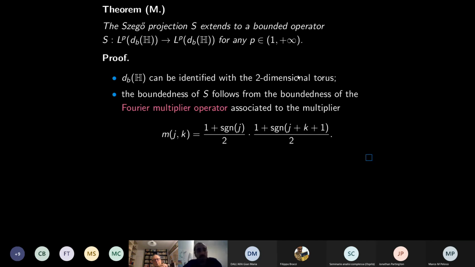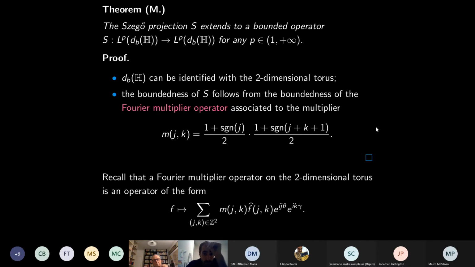So the boundedness of the Szegő projection simply follows from the boundedness of the Fourier multiplier operator associated to this multiplier here, which is more or less the multiplier of two Hilbert transforms.